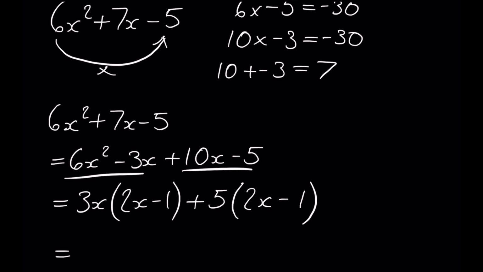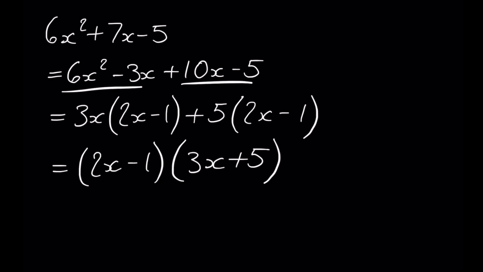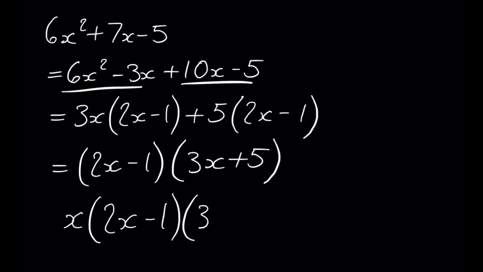And then the common factor in both terms here is 2x minus 1, so we can factor out 2x minus 1, and this will give us 2x minus 1 times 3x plus 5. So the final answer is x times 2x minus 1 times 3x plus 5.